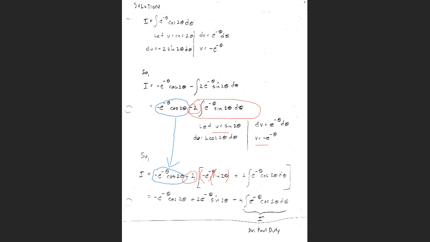V and U, V and U, minus the integral of U dV. This whole part here is minus the integral of V du, where here's V and here's du.